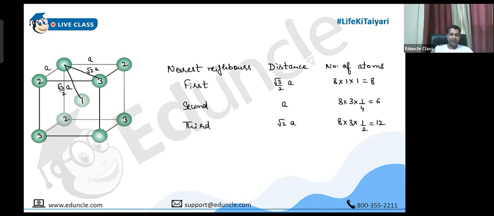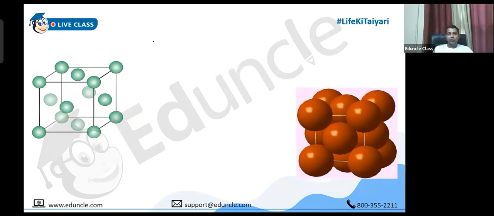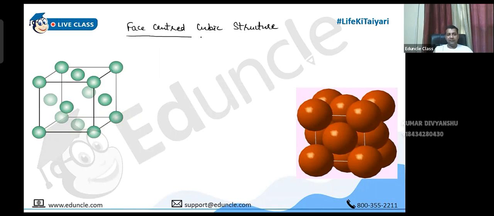This is self-made. Now, moving towards the face-centered cubic structure. And I have again shown the actual unit cell and the unit cell that is generally made on paper. So now, apart from being present at the corners, atoms are also present at the center of each face, like this. And as there are 6 faces, so 6 more atoms are there. Now, how many atoms will be there then in one unit cell? 4.